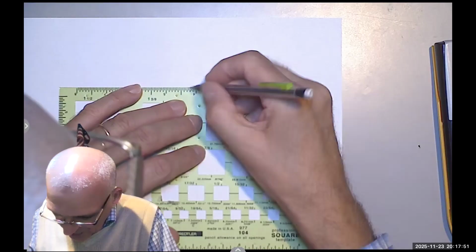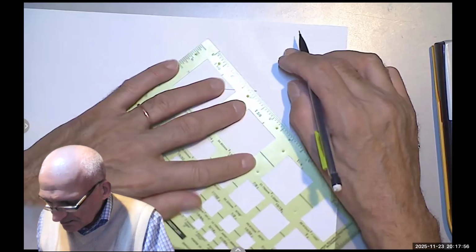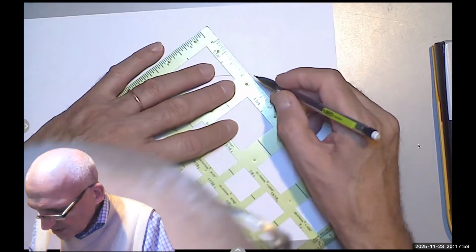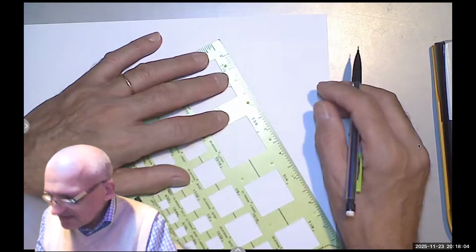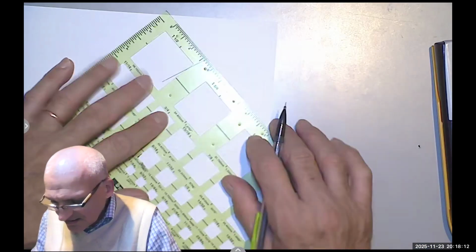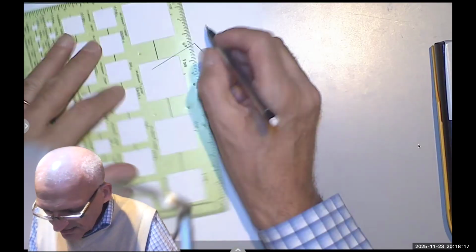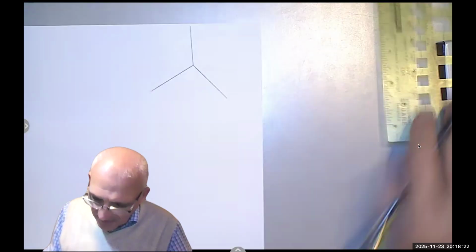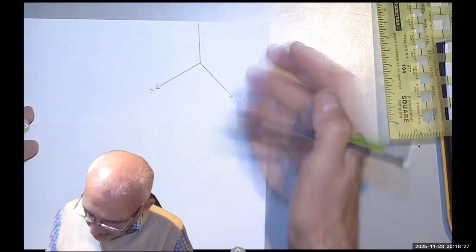Okay, so I'm going to draw the three coordinate axes. Let me do it the way I usually do it. So we'll have an x axis, a y axis, and a z axis. As long as the right-hand rule applies, then you can use these three coordinate axes.